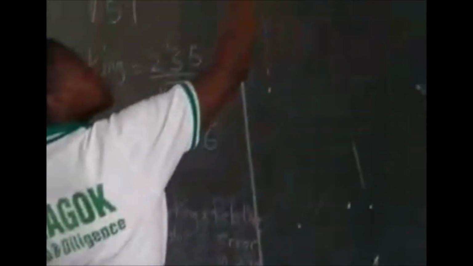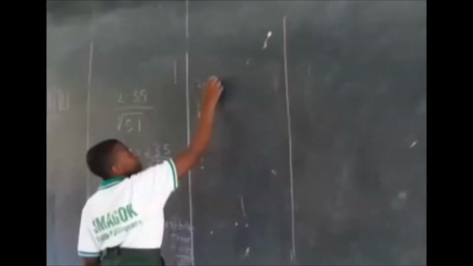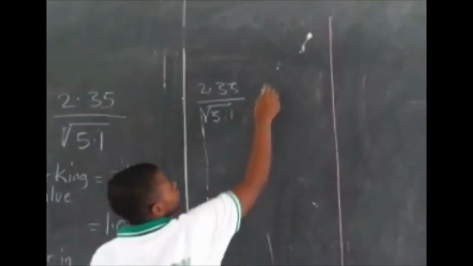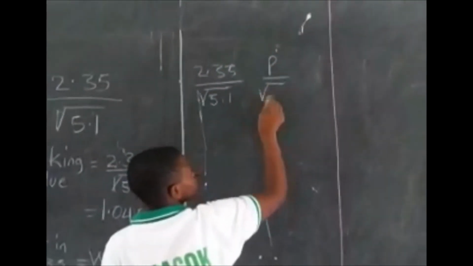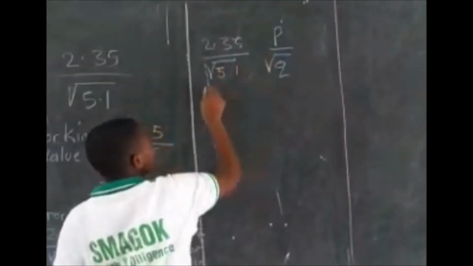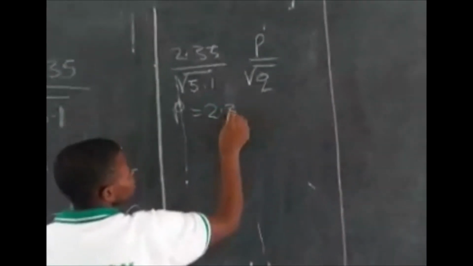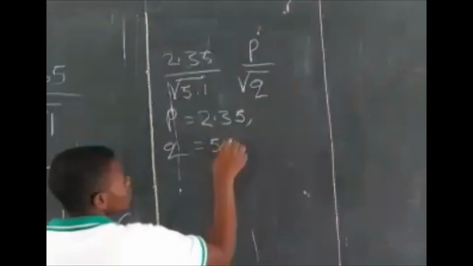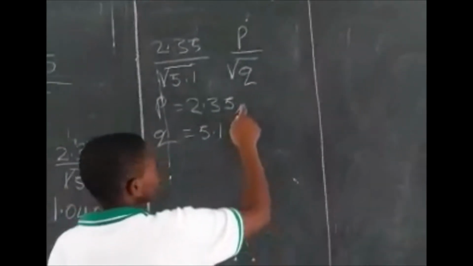Now, when you compare 2.35 out of root 5.1 with P out of root Q, realize that P is equal to 2.35 and Q is equal to 5.1, with errors in P and Q respectively.